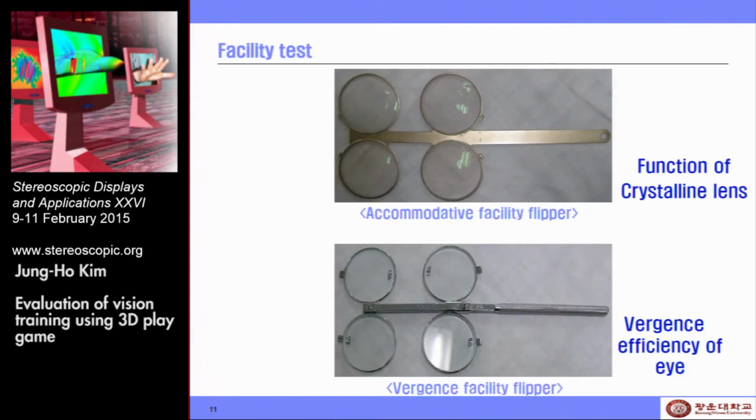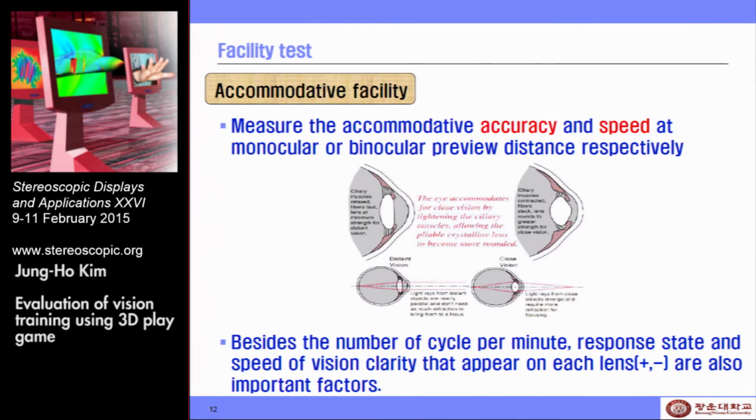Partiality test is divided into accommodative partiality test and vergence partiality test. The accommodative partiality test examines the function of the crystalline lens, and the vergence partiality test examines the vergence efficiency of the eye. The accommodative partiality test measures accommodative accuracy and speed, and monocular or binocular free view distance respectively.